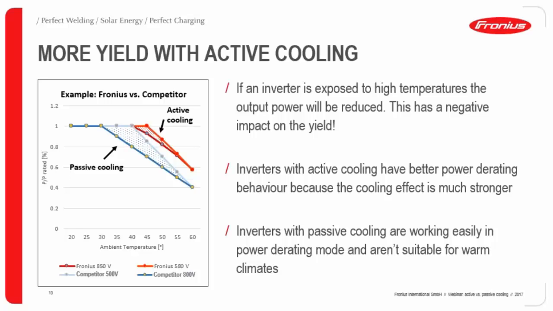What I wanted to show here is, in blue we have got a competitor, and in red is a comparison, the Fronius derating curve. If you look here, you will find that a competitor has power derating already from 30 degrees onwards, versus Fronius, which is at least 10 degrees higher.